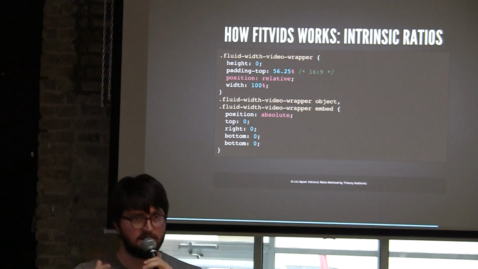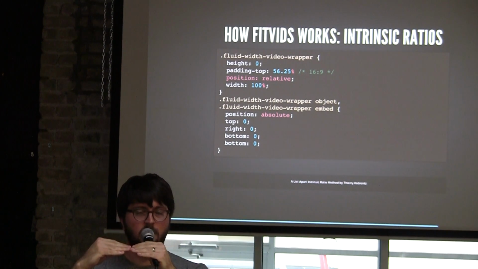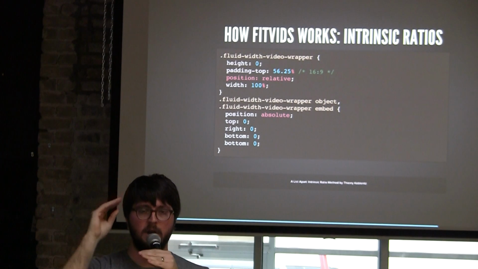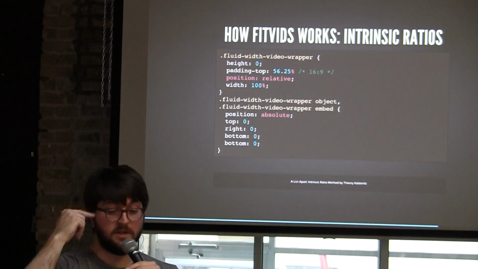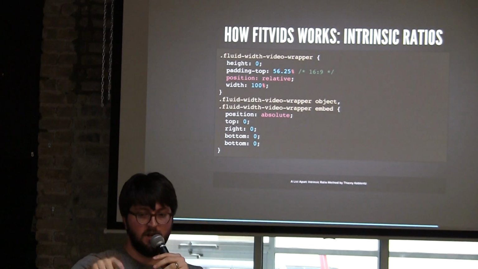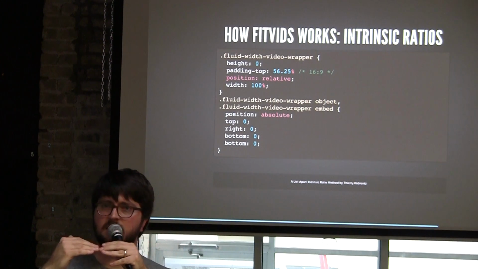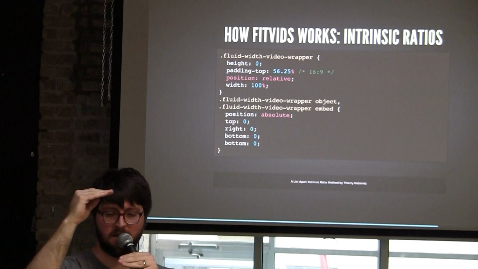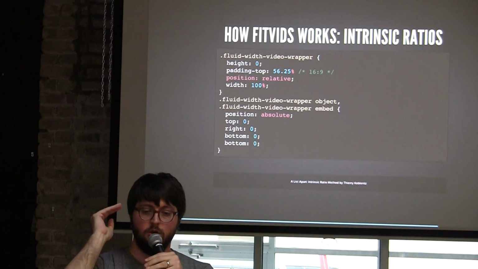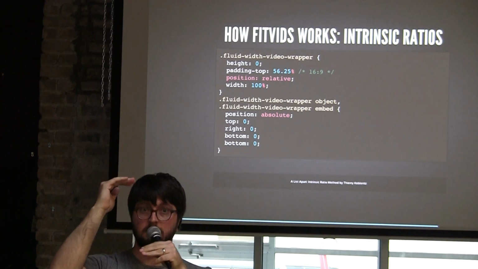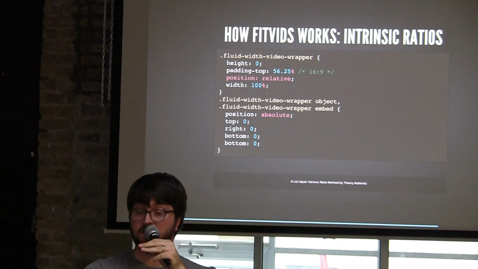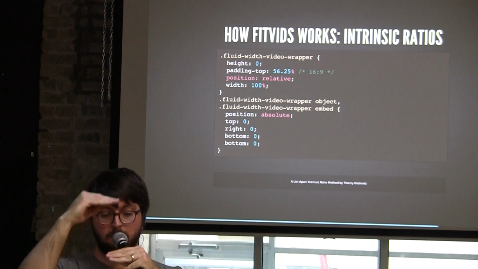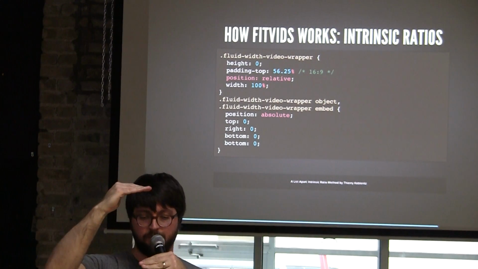You'll get there. So you basically say, here's some padding, go to the top. With FitVids, we dynamically inject this, but for this one, 16 by 9 is that aspect ratio, that amount of padding. You do position relative, because we're going to absolutely position something inside of it. So we add the padding-top and width 100%.